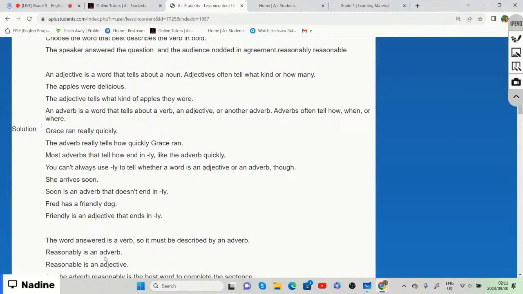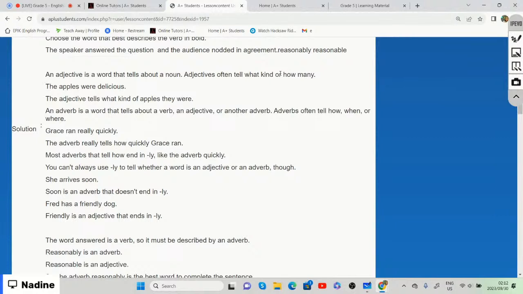So this is basically adjectives and adverbs. Both these words tell you more, either about the noun or, like an adverb, about the verb. They describe it.